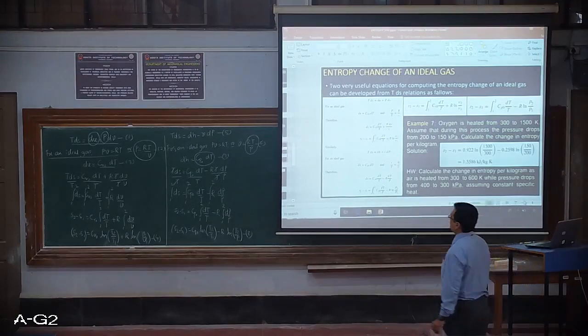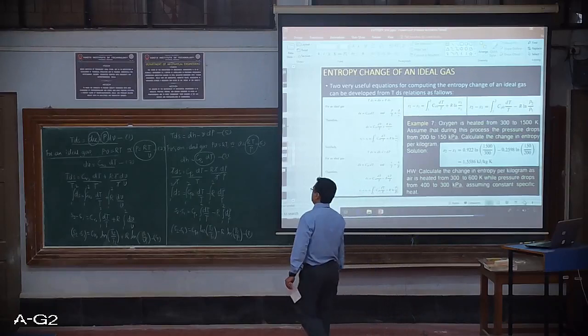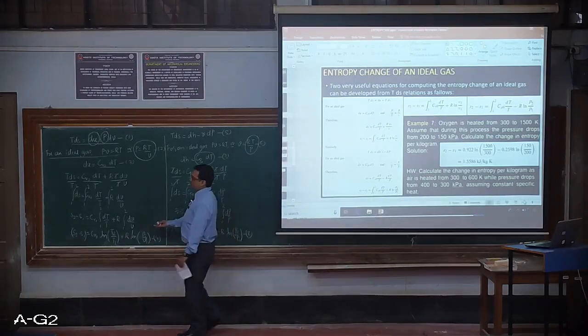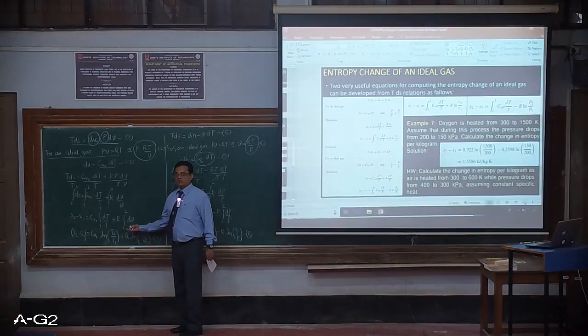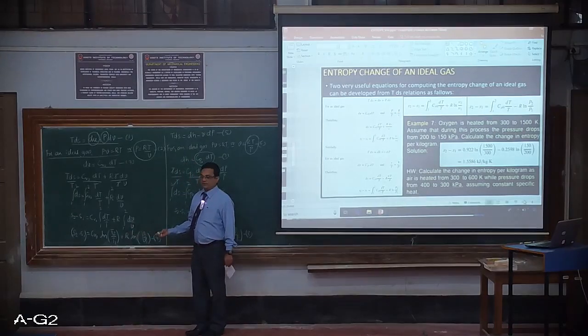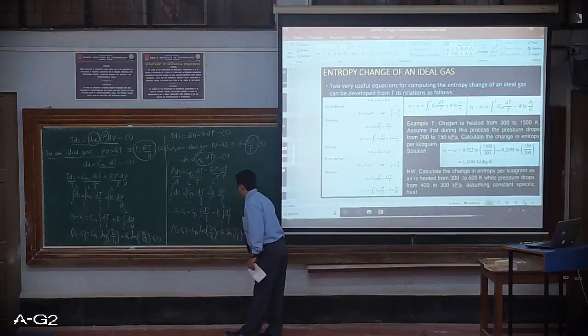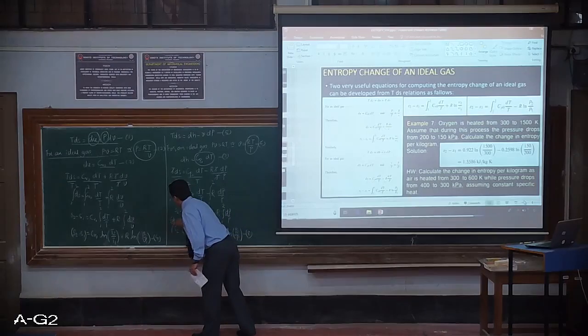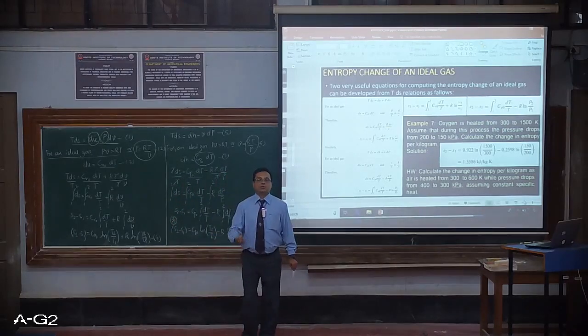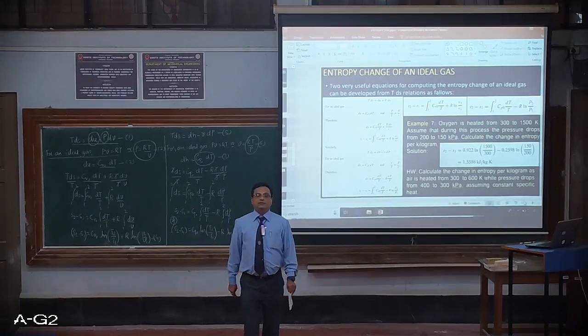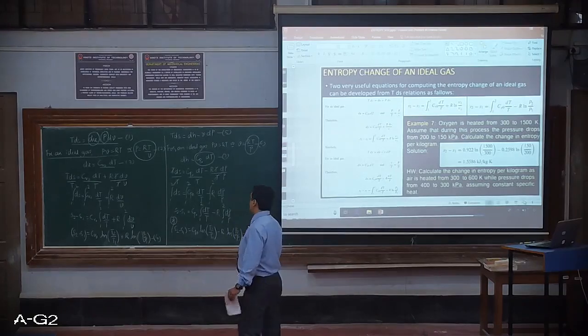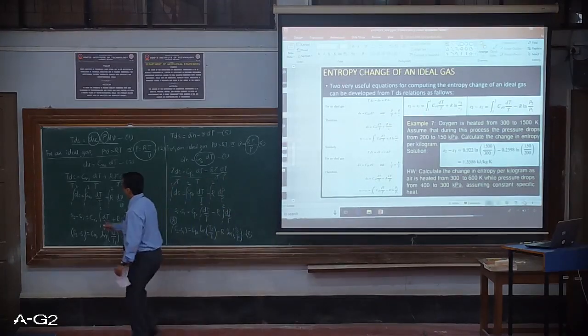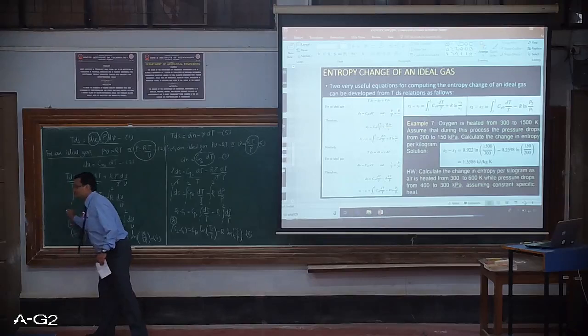Obviously that depends on the given initial conditions. If the initial temperature, initial pressure, final temperature, and final pressure are given, then we can use this particular expression: two temperatures, two pressures. If any two temperatures and two volumes are given, then definitely we can use this particular equation, as simple as that.